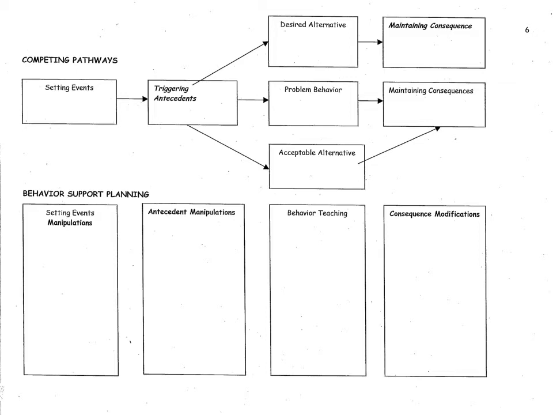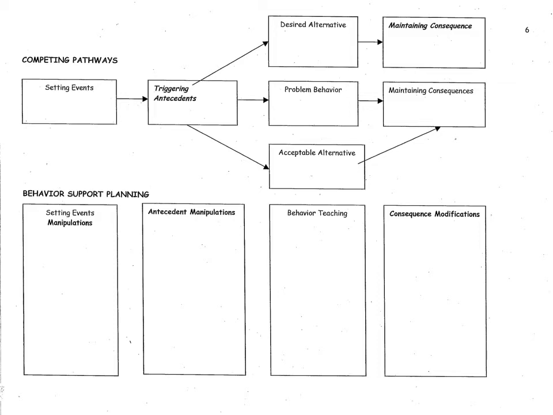Acceptable alternative behavior is called functionally equivalent behavior, because this alternative acceptable behavior should cause the same consequences as the problem behavior. Let's say the problem behavior is screaming, and the function of the behavior is to escape the worksheet task. Then the acceptable behavior could be verbally asking for a break, or showing a communication card saying I need a break.